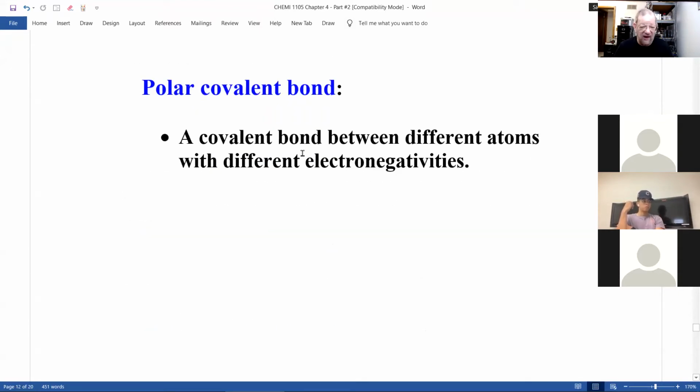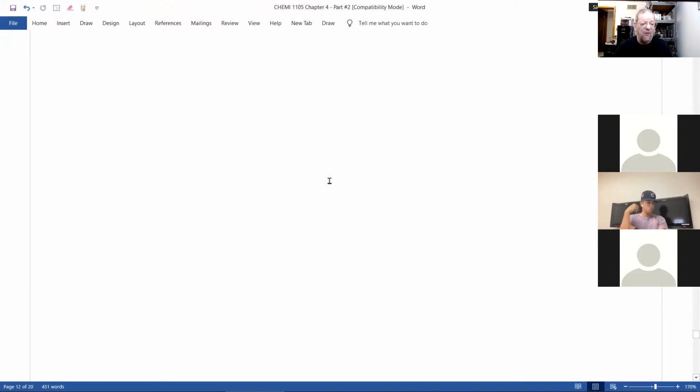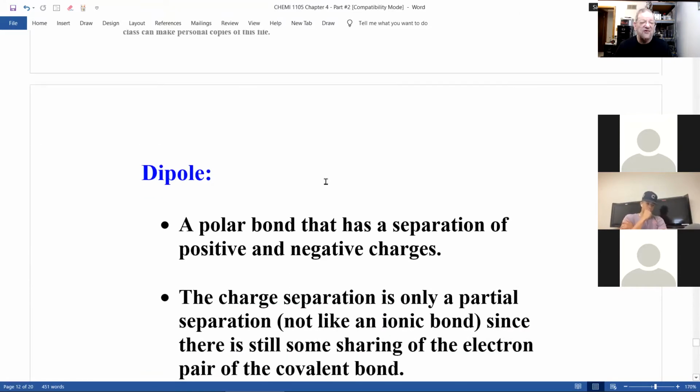Now, polar covalent is a covalent bond with different atoms with different electronegativities. And what we mean by that is we form what's called a dipole. In organic chemistry and chemistry in general, di means two.